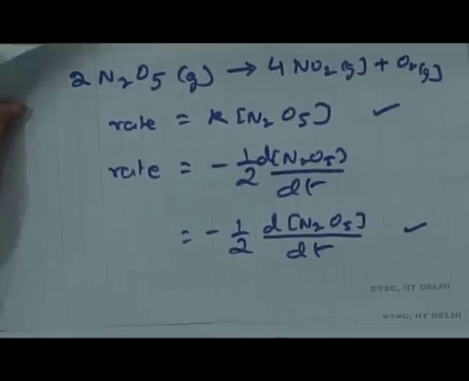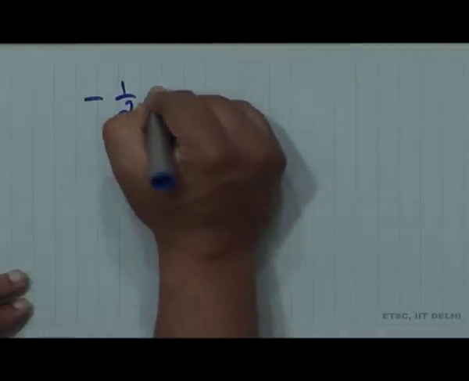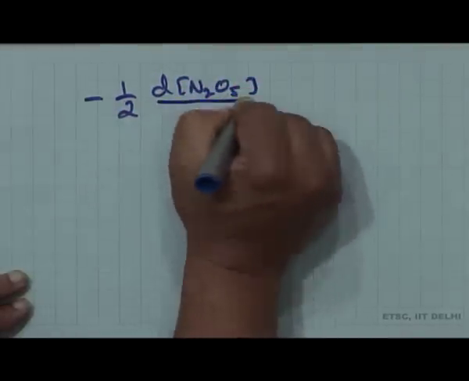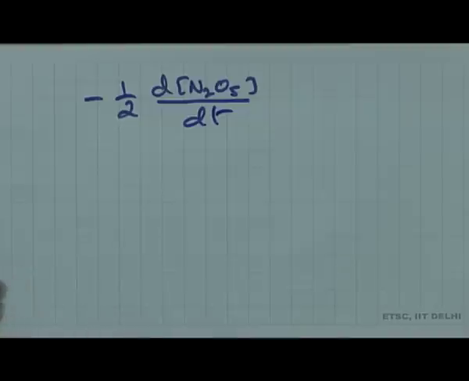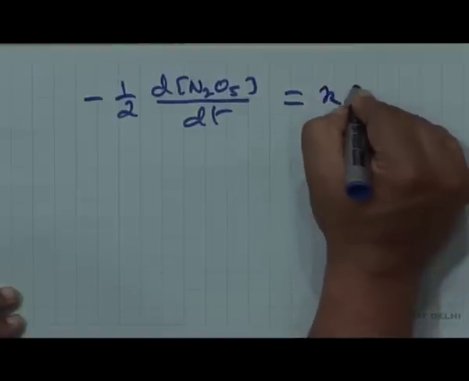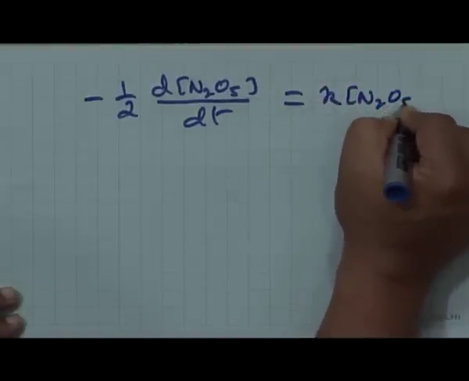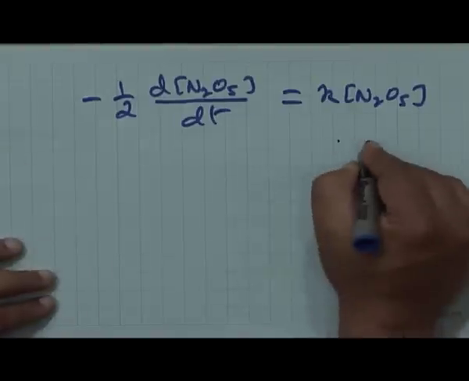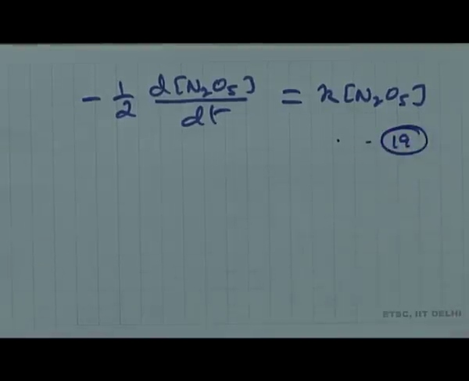So, when I do that, there is a difference coming in. I write now minus half d of N2O5 over d of t is equal to K N2O5. So, this is my equation right now, let this be equation number 19.